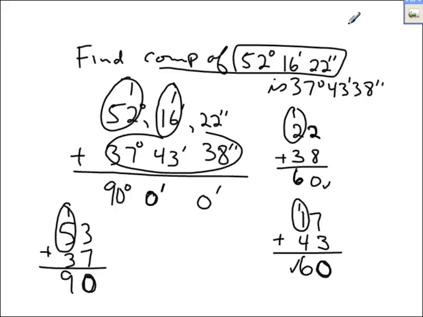Now, in my opinion, to do this problem the more conventional way is way harder. The conventional way would be to subtract. It's harder. You need to have a better command.